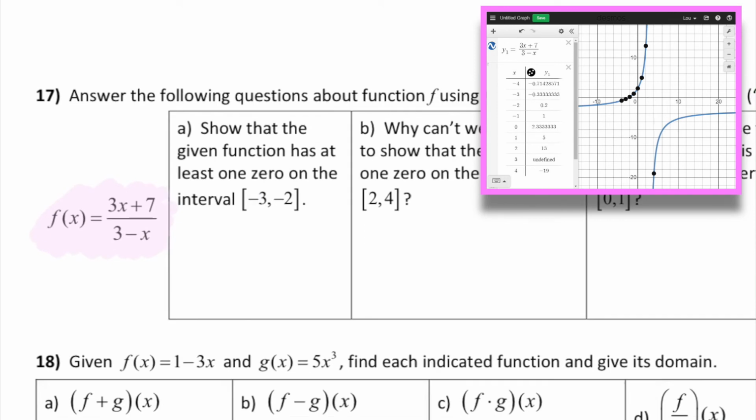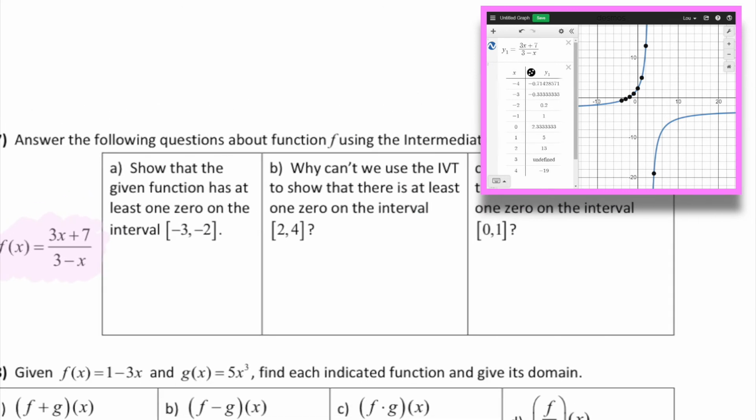So remember that for the intermediate value theorem, in this problem I stated it in the directions, but to save space on your paper, I called it IVT. You really want to use the intermediate value theorem to answer these questions.